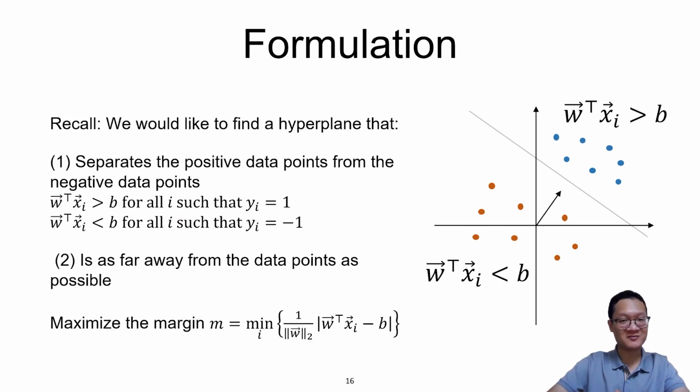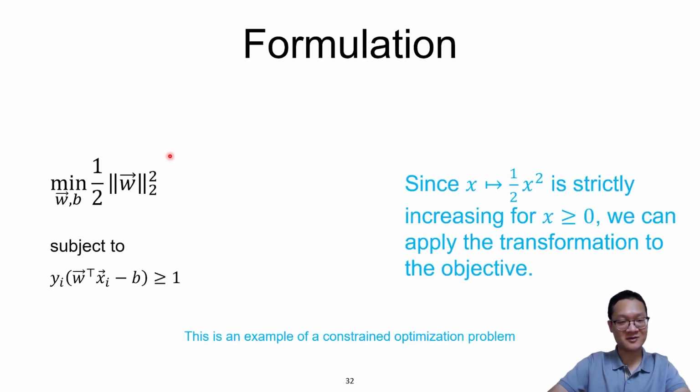We also, even before this, had to do some math to understand the geometry of the problem, right? But after all the mathematical steps, we actually get to a formulation that looks very simple. It has this convex objective with one constraint.